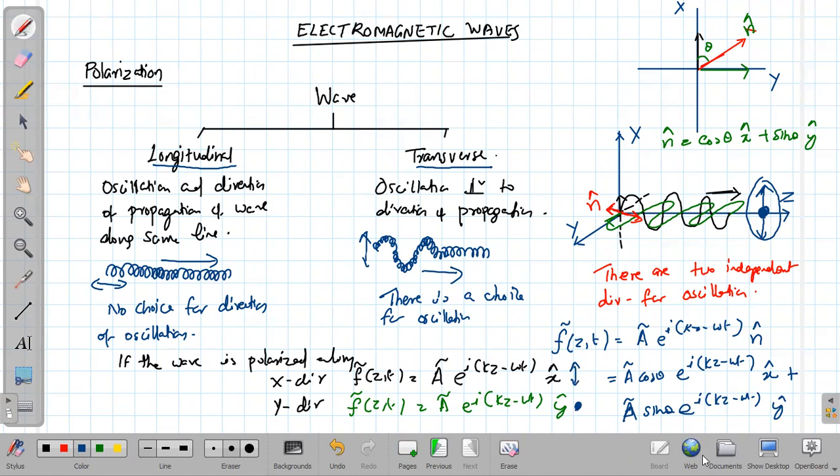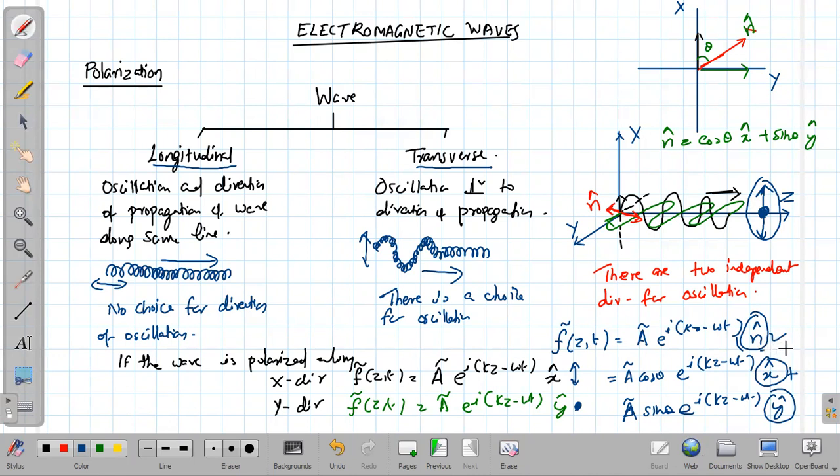That is the way we write it. But remember this n cap is again polarized light, or a plane polarized wave, because the direction of oscillation is fixed along one direction. For our convenience we have resolved it into an x polarized wave plus a y polarized wave, but it is still polarized along one particular direction.